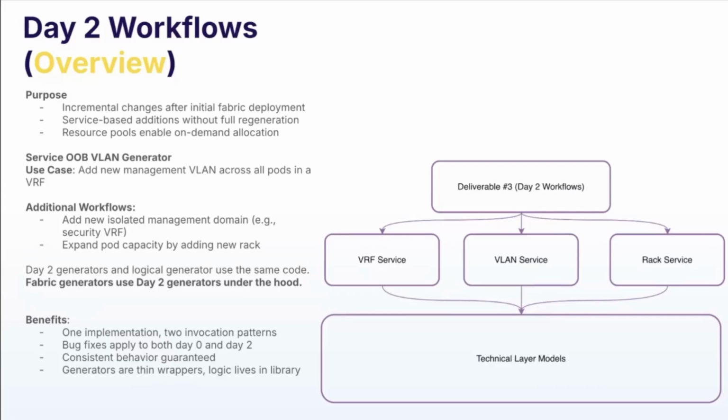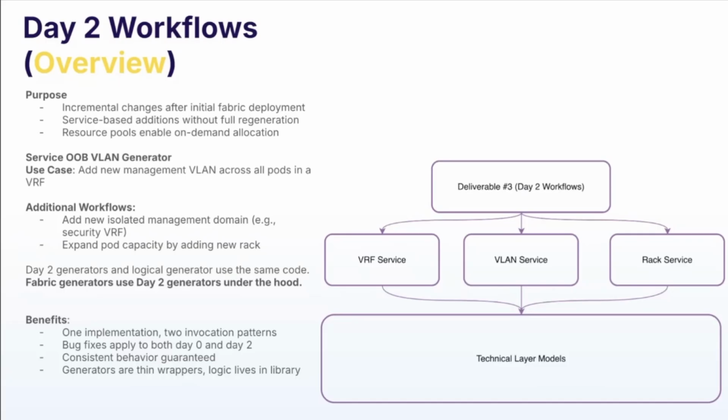The purpose of these kinds of services is to make incremental changes after the initial fabric deployment. But as Mikhail said, we developed these in collaboration with the day zero state of the project, so that the generators that built the fabric actually leveraged the generators for these day two activities or services.